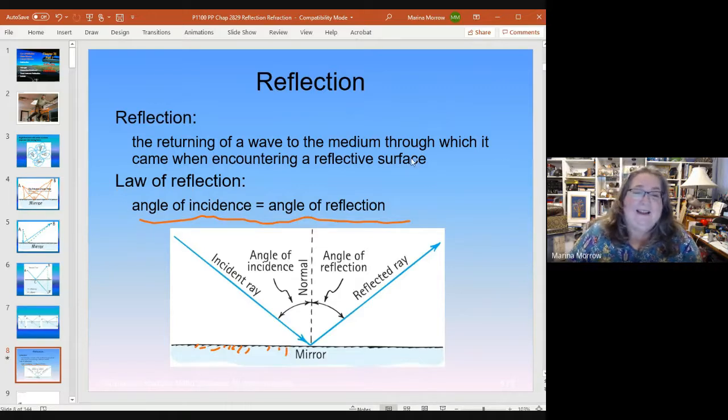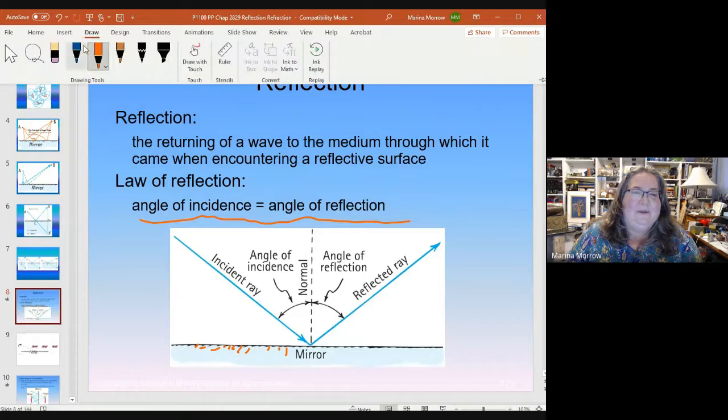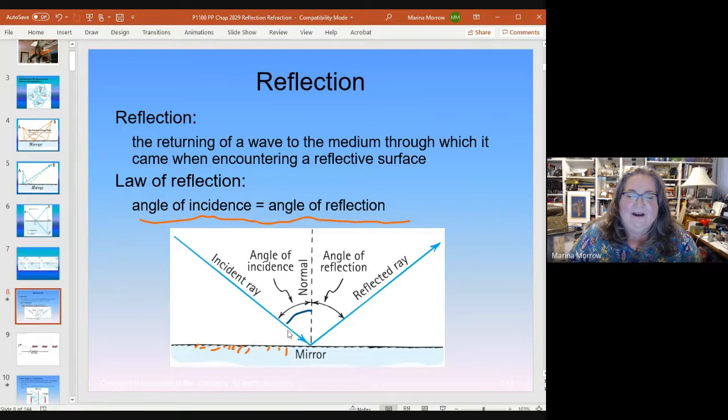Light doesn't get there. Okay, and remember we're measuring angles to the normal, the perpendicular line, right? So the angle is measured here, not to the mirror. So the normal, a perpendicular line, you need to draw when you're thinking about angles.